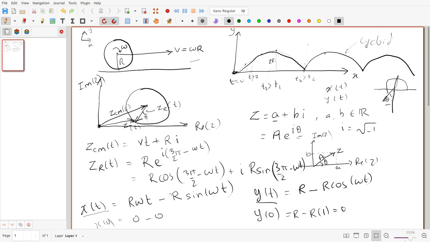And I found that it usually helps us when we are dealing with things like rotations, because this second representation of the complex number, the angle here, takes into account any rotations in our problem. So here we have it, x of t, y of t for a cycloid characterized pretty straightforwardly using complex numbers.